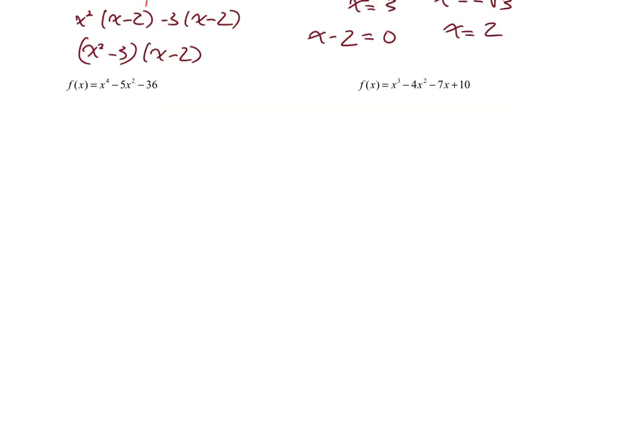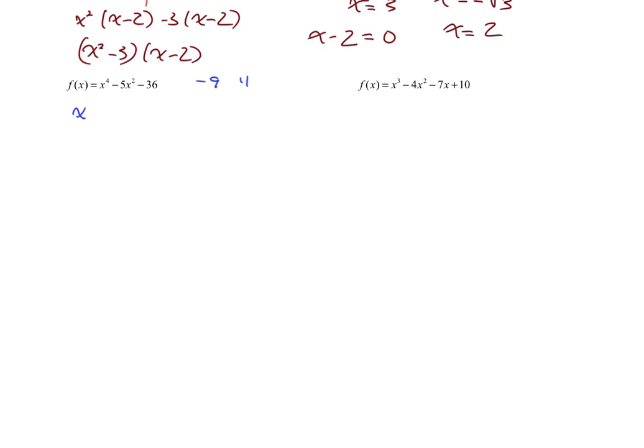Okay, so this one is also factorable. So factors of 36 that subtract to negative 5 are going to be negative 9 and positive 4.